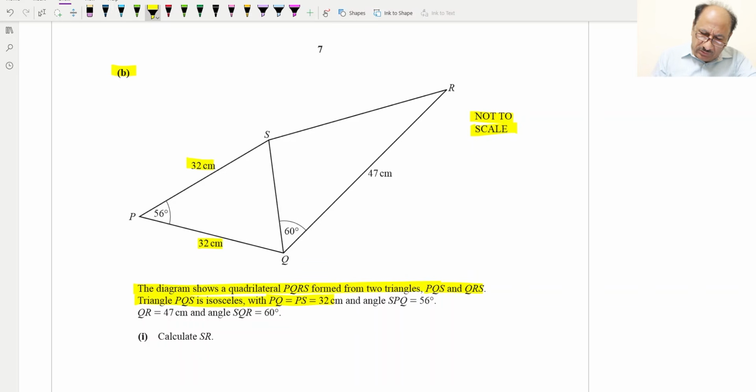This side is 32, this side is 32. And angle SPQ is equal to 56. This angle is 56. So QR is equal to 47. This is 47, and angle SQR is 60. Calculate SR. Now the thing is, to calculate SR, which is this one, always start from the triangle.